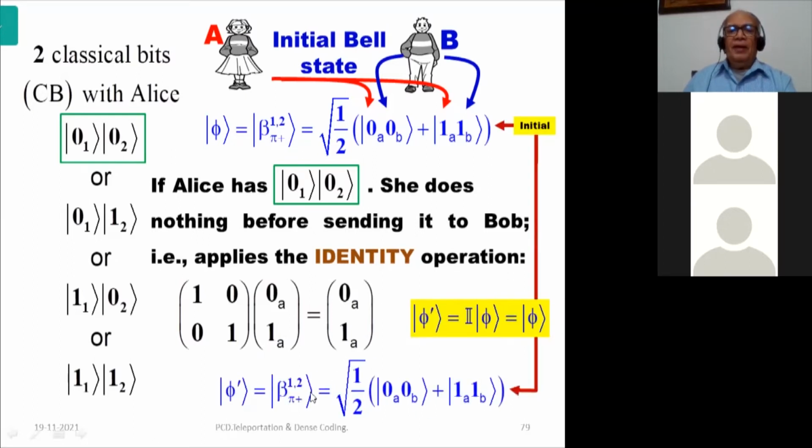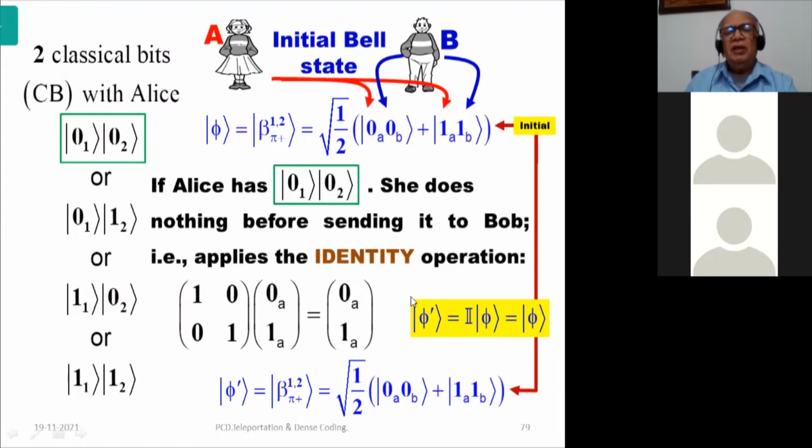And the transformed qubit, which I denote by a prime, is essentially the same as the initial qubit, phi. The initial qubit and the final qubit are the same. So it is like performing an identity operation on the initial qubit, after the gate operation, which is the unit matrix. So this is one possibility.